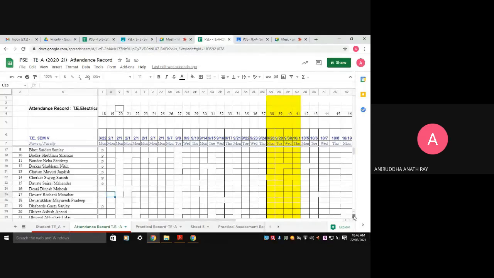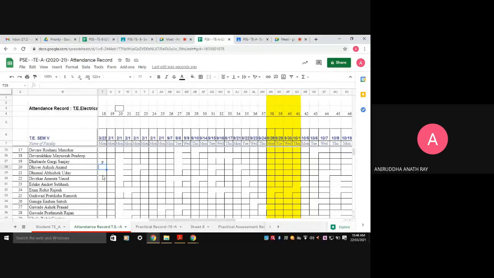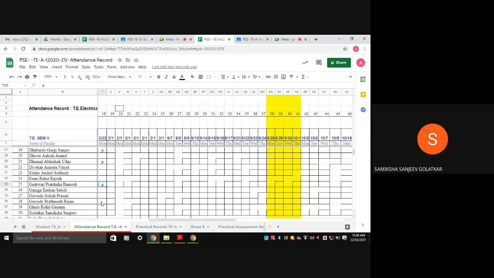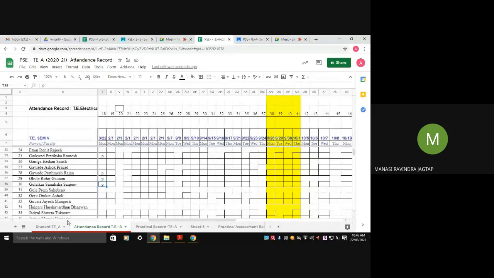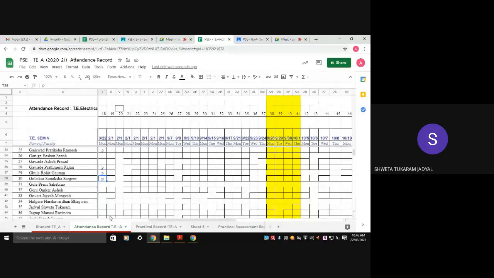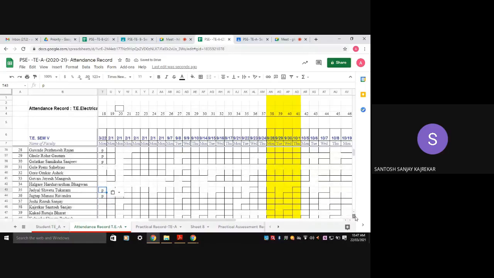Then 21 to 30: 21, 25, 29, 28, 30. Next 31 to 40: 36, 35, 38, 40.